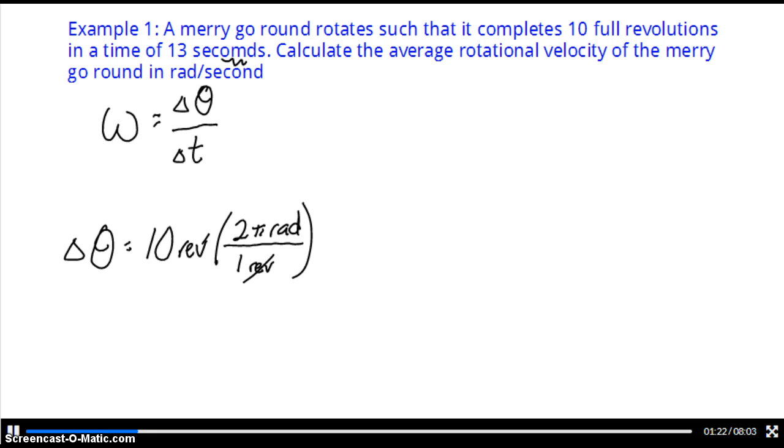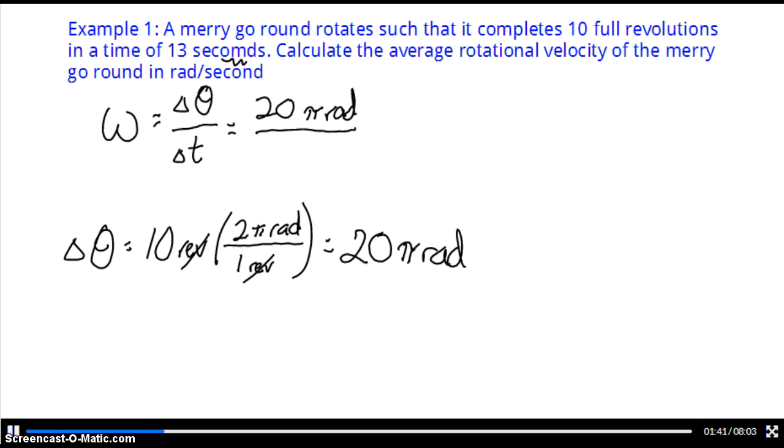So delta theta would be equal to 20 pi radians. Very simple there.